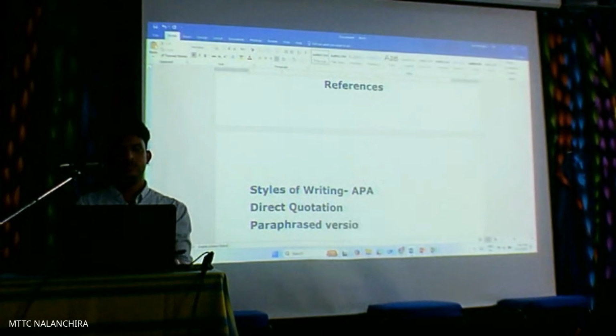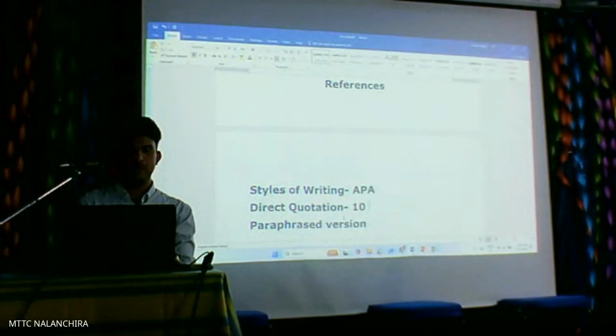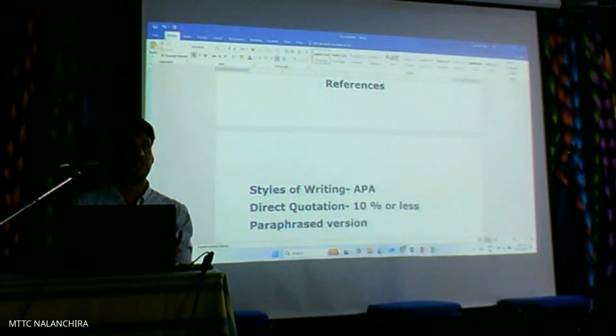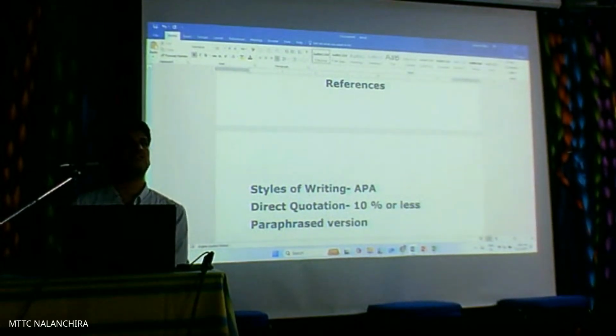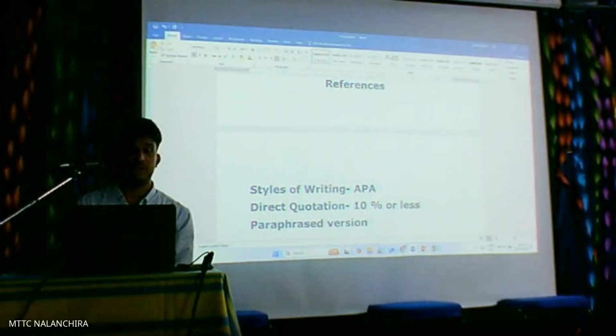Every journal mentions that direct quotation, information taken as such from somewhere, should be less than 10%. Maximum you have to use paraphrased.